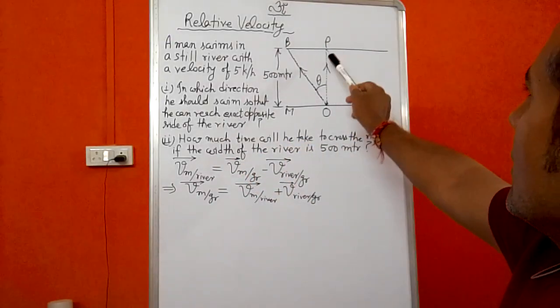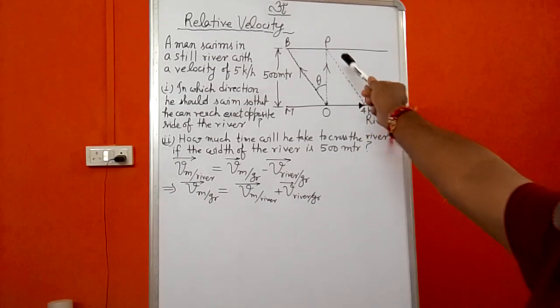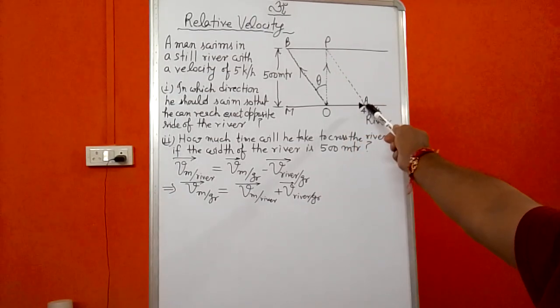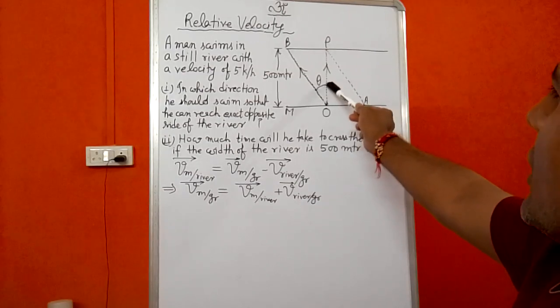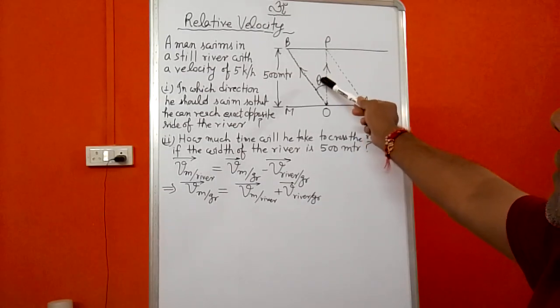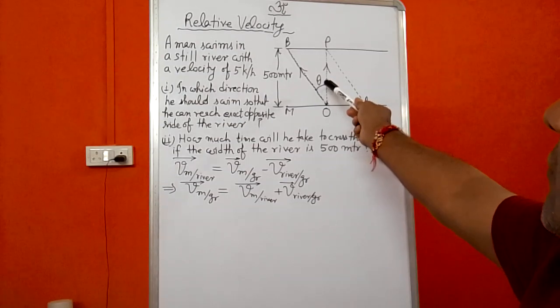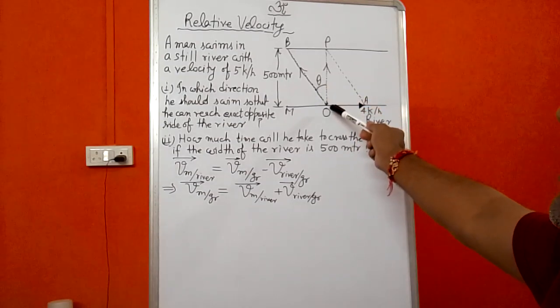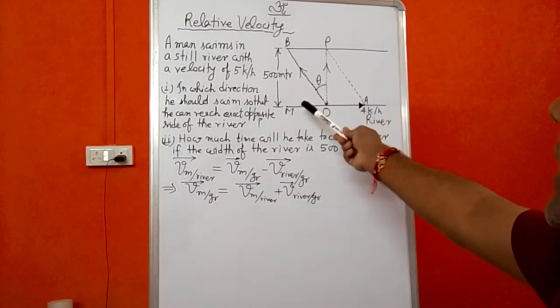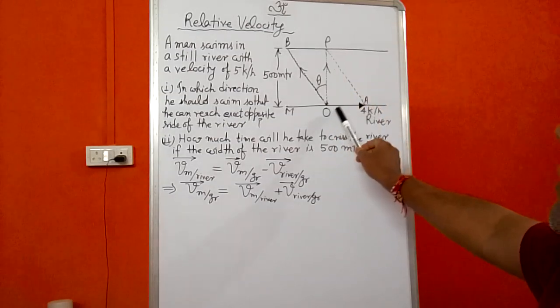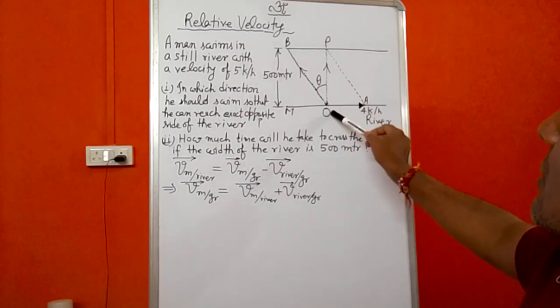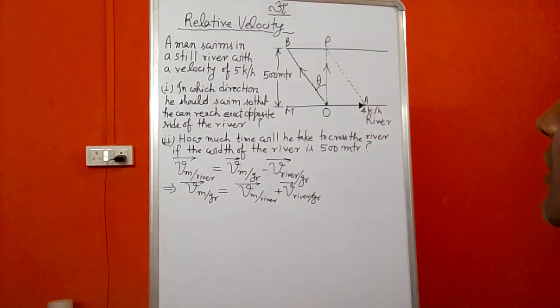As is clear from the figure, POA is a right angle triangle, so we need to find this theta. If we find this theta, we will know in which direction he should move so that he can reach exactly opposite from this side.